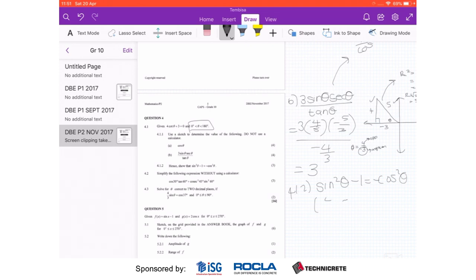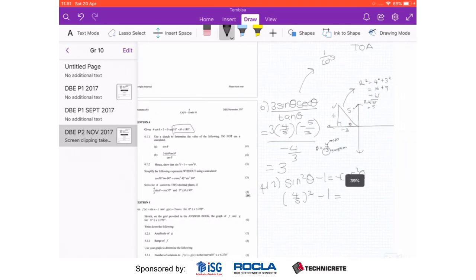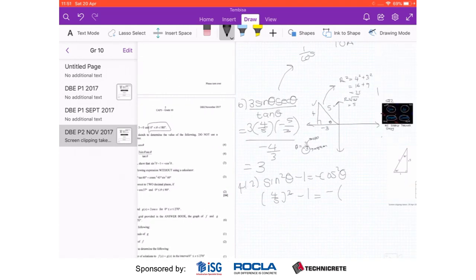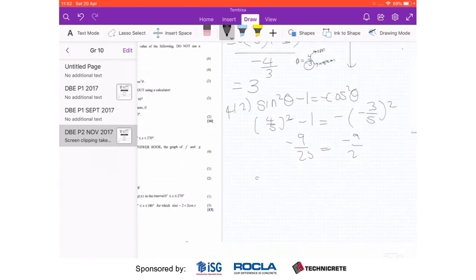So sine squared is 4 over 5 squared minus 1, and cos squared is negative 3 over 5 squared. Let's work out this first side. It equals negative 9 over 25, and this side is also equal to negative 9 over 25. Therefore, the statement is true. Sine squared theta minus 1 is equal to negative cos squared theta.